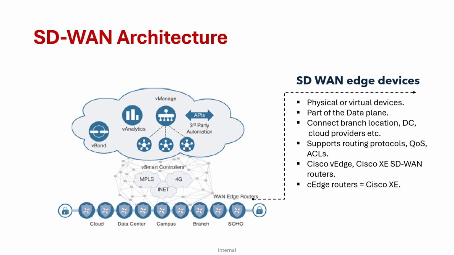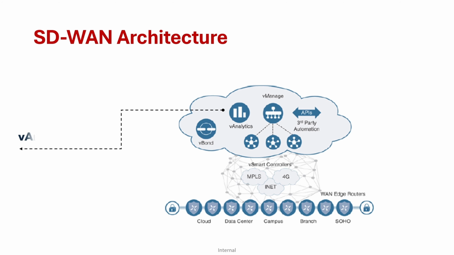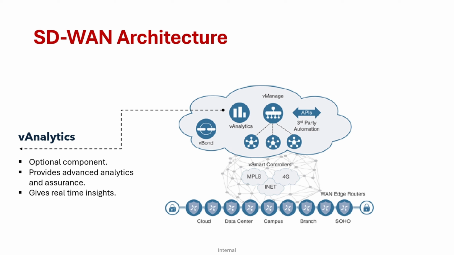Another component we have is Vanalytics. Vanalytics is an optional but powerful component of the SD-WAN architecture. It provides advanced analytics and assurance by collecting data from all the devices in the SD-WAN fabric. With Vanalytics, you get real-time insights into application performance, network health, and security events.